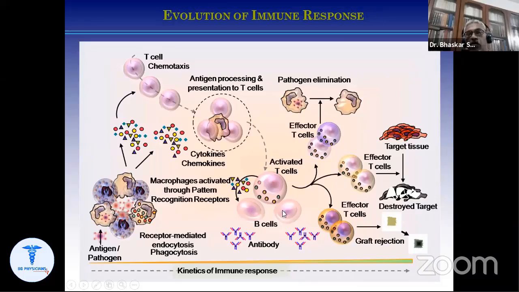So these are the four different aspects of adaptive immunity that we also need to see when we have different diseases. For example, in case of bone marrow transplantation, we can see the graft versus host reaction, or you can see that the tumors survive, or you can see autoimmune diseases destroying our own tissues. So we can discuss all these things at a later point in the adaptive immune response.